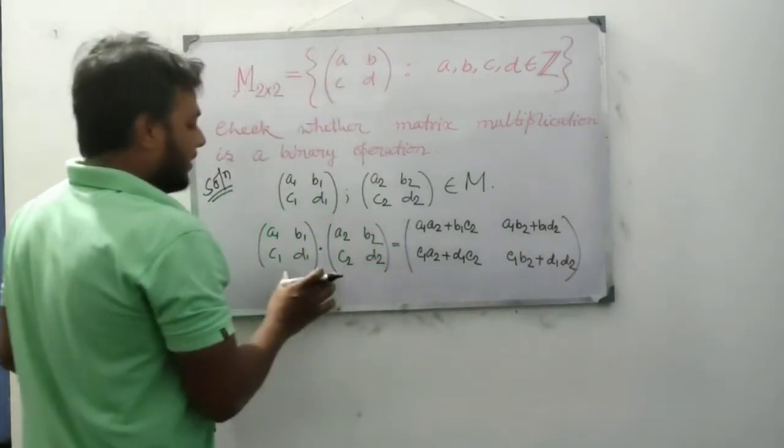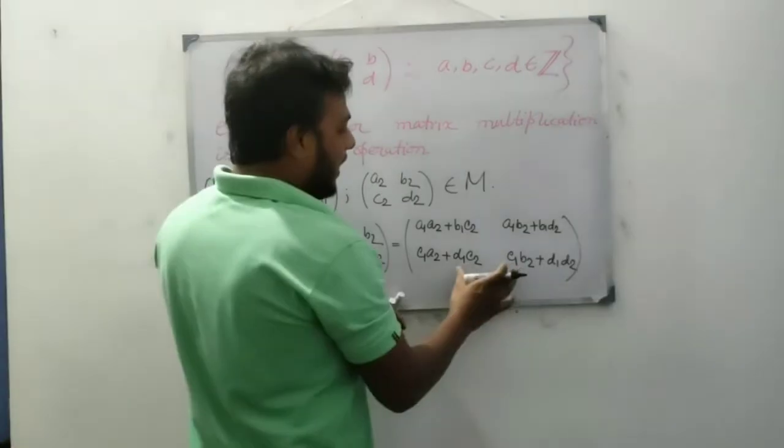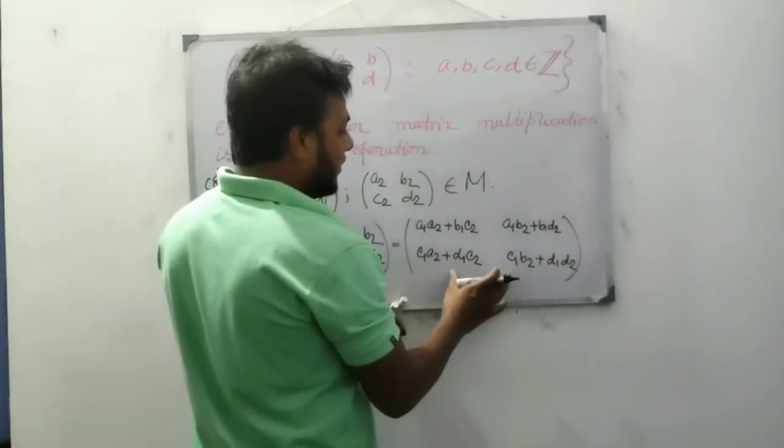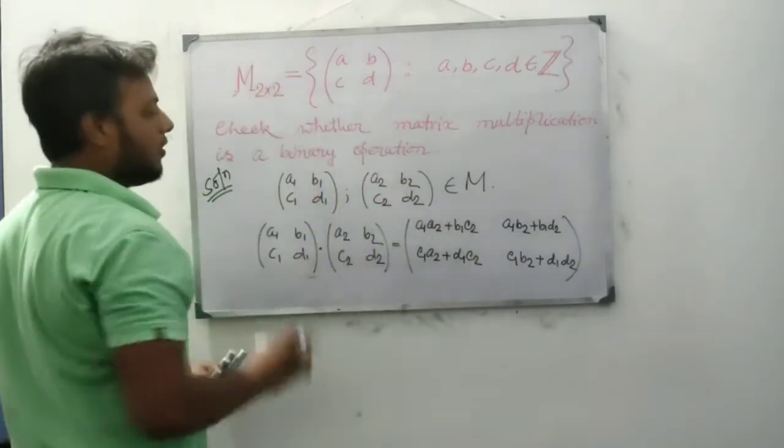Now we have to check, this is the multiplication of two matrices and this is the resulting matrix. Now we have to check that this belongs to the set M or not.